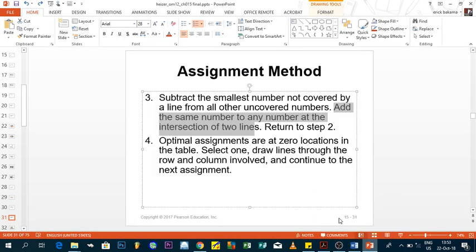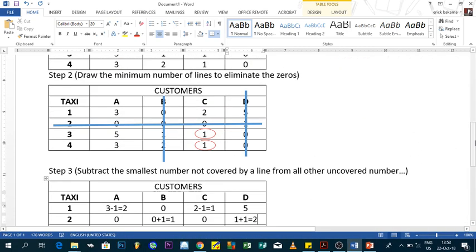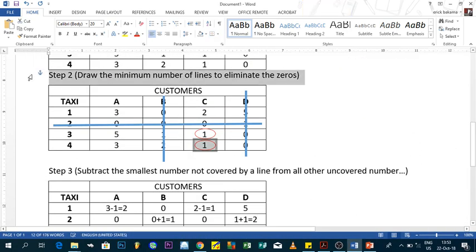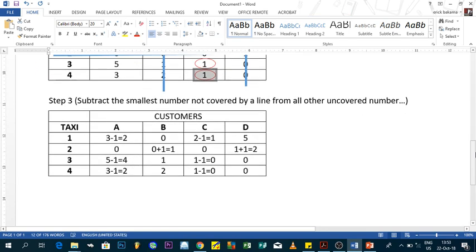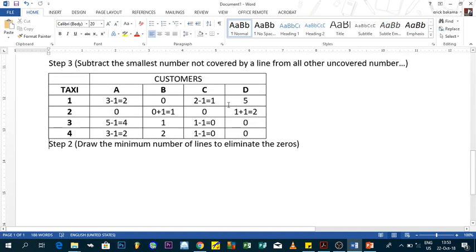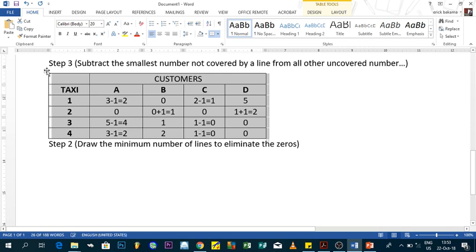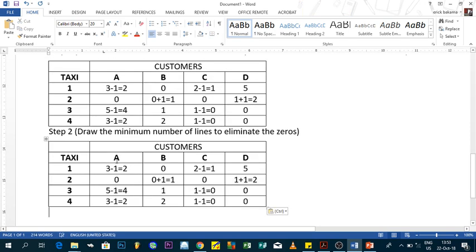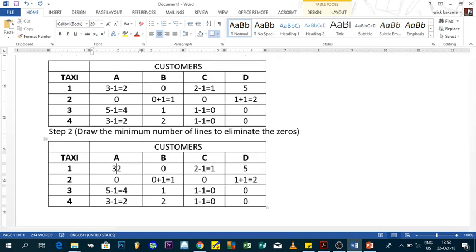Then after that, they say we need to return to step 2. What is step 2? This is step 2: draw the minimum number of lines. Then we got step 3. After doing that, we go to step 2 and check for optimality. So what we do is we take the new table from step 3, the one with all the calculations. So I'm going to erase the numbers here so that you understand.